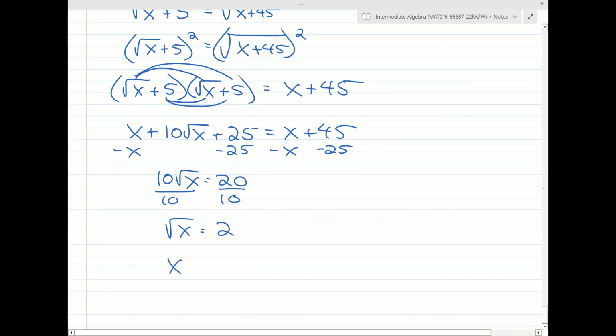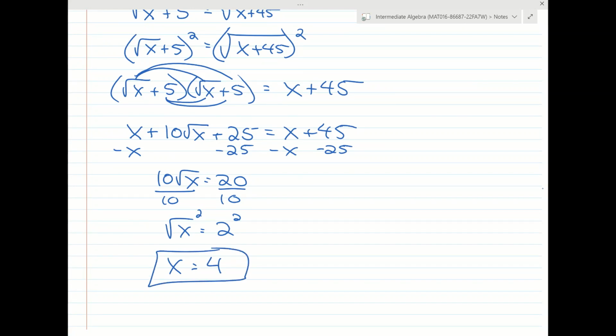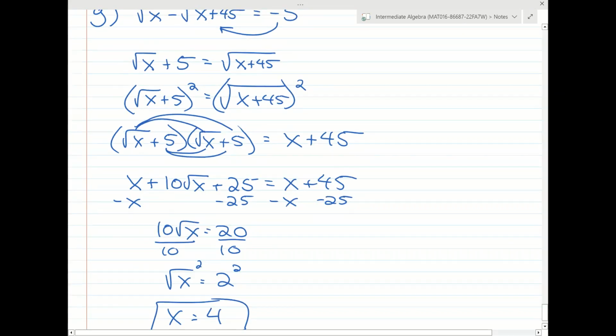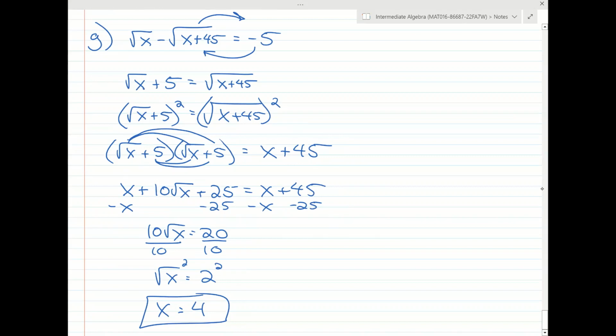Square both sides, and you get x is simply 4. So we isolate the radical, square both sides, and then repeat.